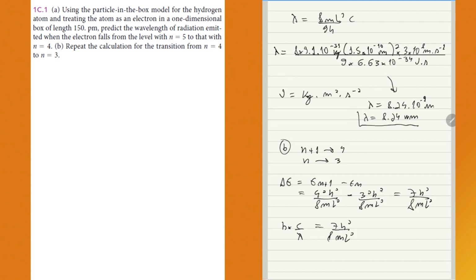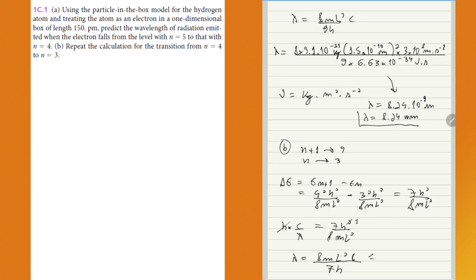So we need to solve for lambda, rearranging and canceling one of these h's. We find that lambda is equal to this expression after rearranging. And placing the values, we know m, which is the mass of the electron, as in the first letter, L is the same size of the box, c is the same, and h is the same.